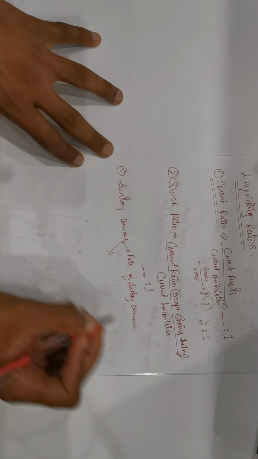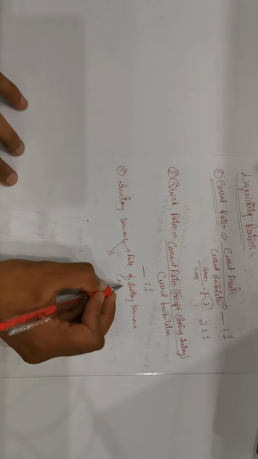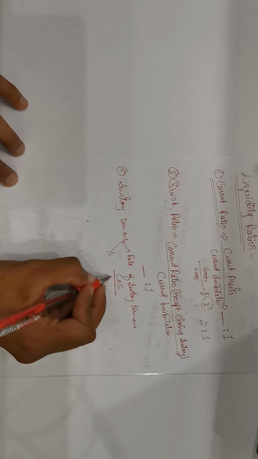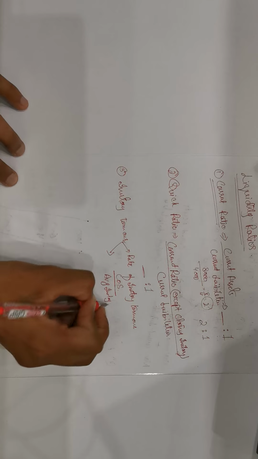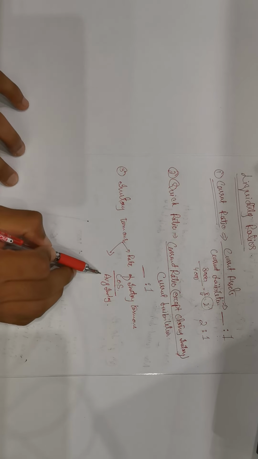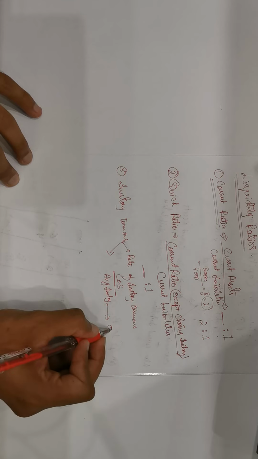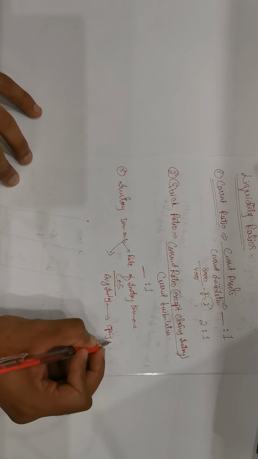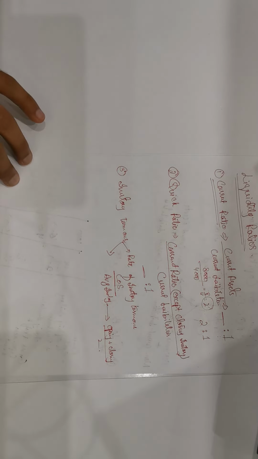The formula for it is cost of sales over average inventory. And what is average inventory? Average inventory is opening inventory plus closing inventory divided by 2.